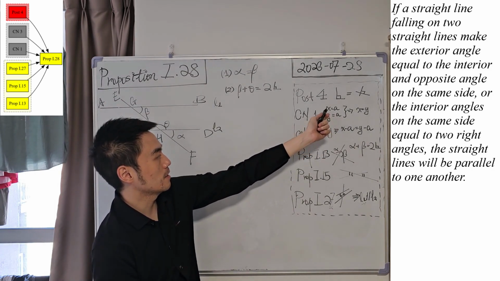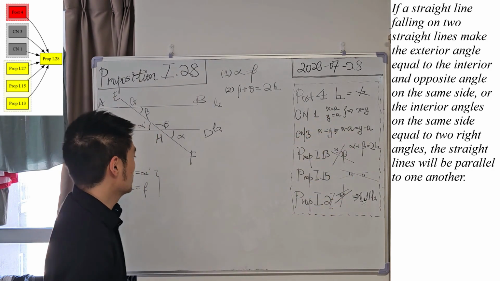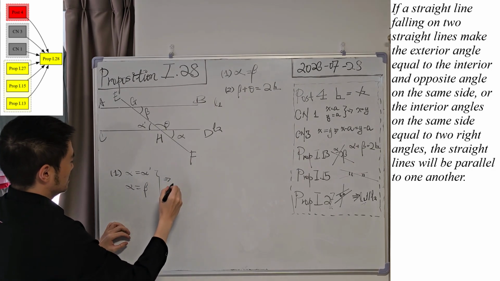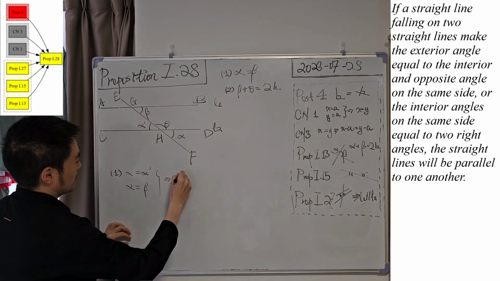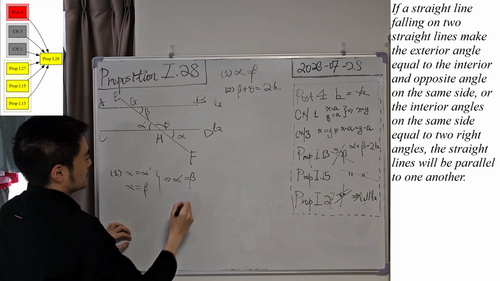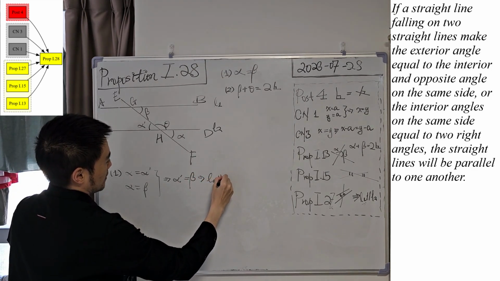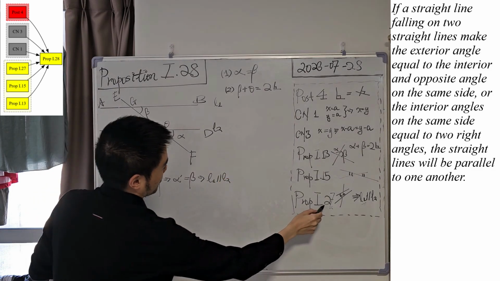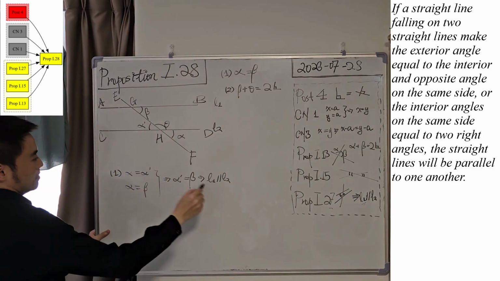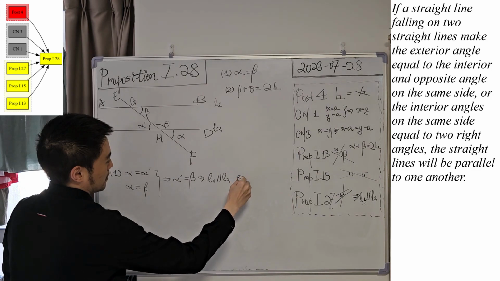If two things are equal to the same, then they are equal. So we know that alpha prime equals beta. So two lines are parallel because of proposition 27. Okay, this is the proof of scenario 1.